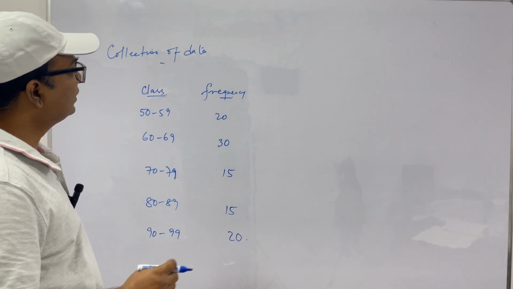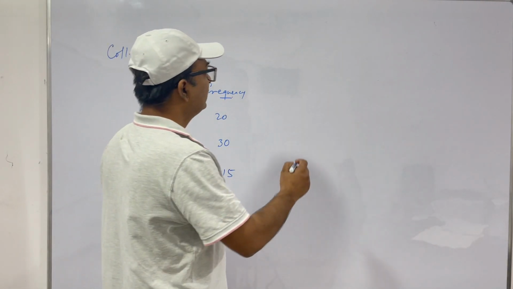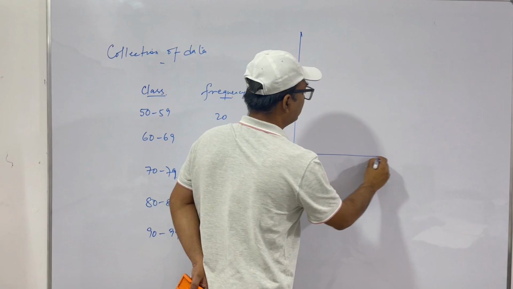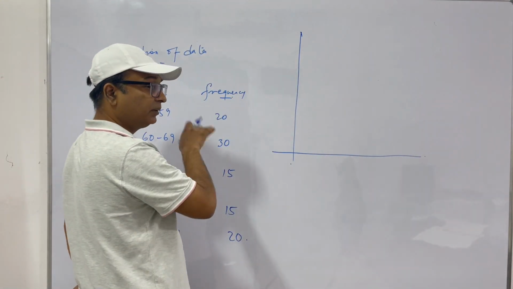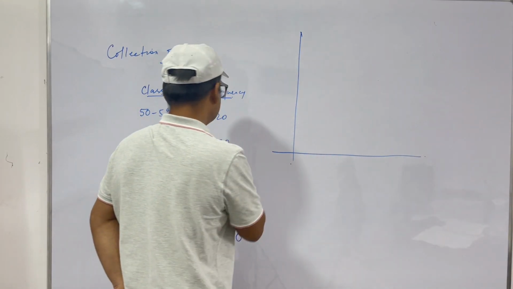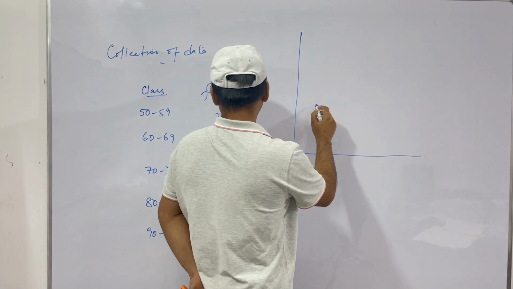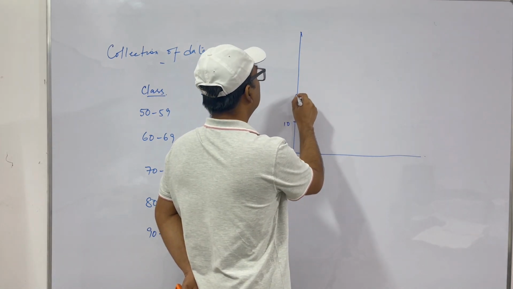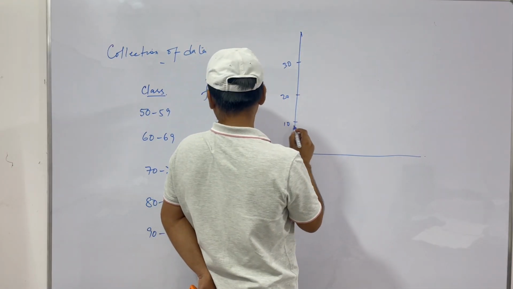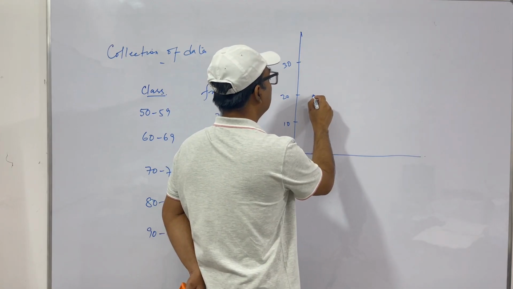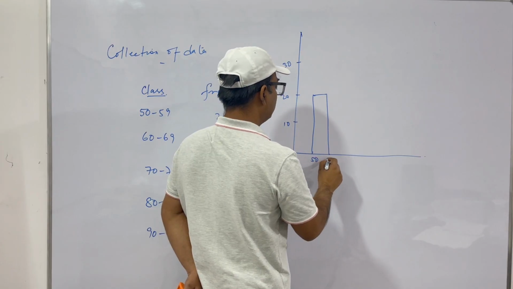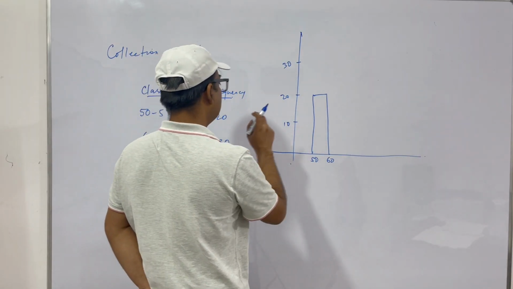Now there are a few more things that you must understand. One thing is called frequency distribution. So this was the frequency distribution. This is the table. Second is histogram. It is a graph that represents this. So let's say this is 10, this is 20, this is 30. So 50 to 59, it's 20. So let's say this is 50 to 59. Then 60 to 69, it's 30.